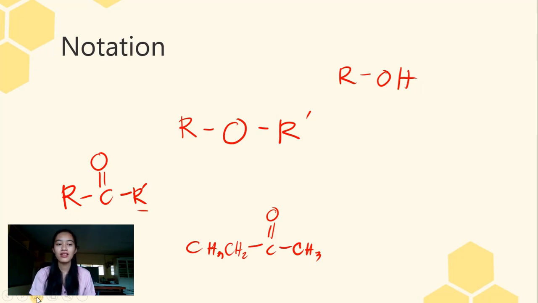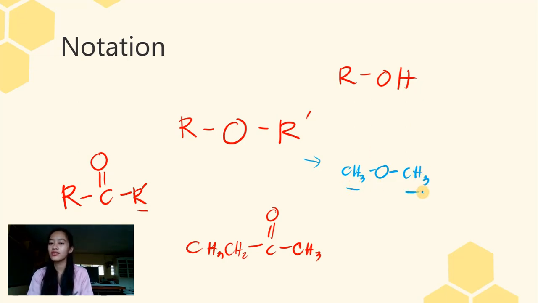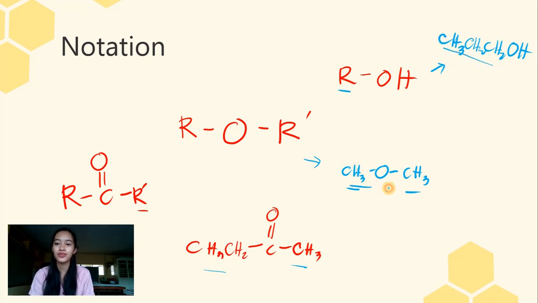For another pattern, the R could be CH3 connected to an O, which is connected to another CH3. So it could stand for the same or different groups. For another pattern, you can have CH3, CH2, CH2, until it's OH. So your R could stand for any alkyl group.